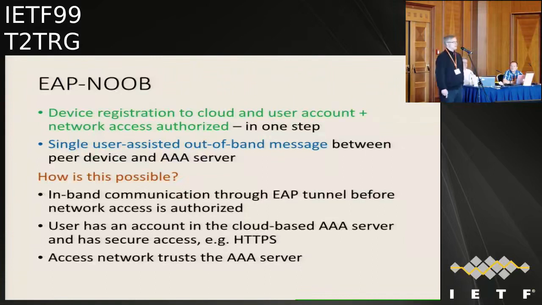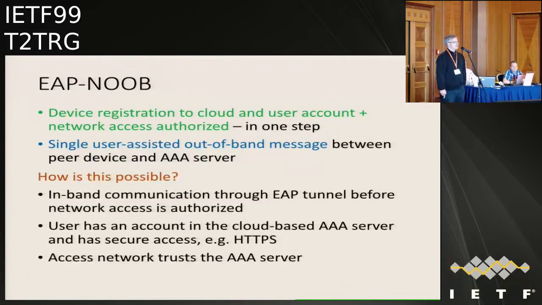Well, to summarize, we have the in-band communication possibility through an EAP tunnel between the peer and the authentication server before the device is registered. We can put anything through that tunnel, and we put what is necessary for our EAP method.